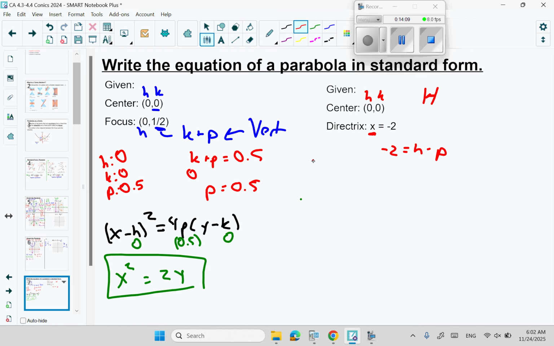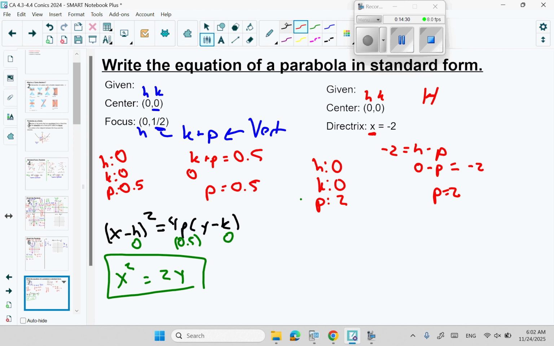So I can write down that h is 0, k is 0, and I could solve for p. So 0 minus p equals negative 2. Add p, add p, add 2, add 2. Or if you just wanted to divide by negative 1, you would notice that p equals 2.